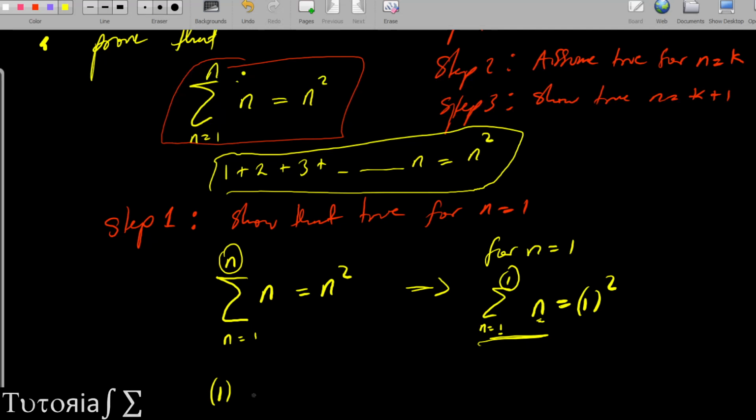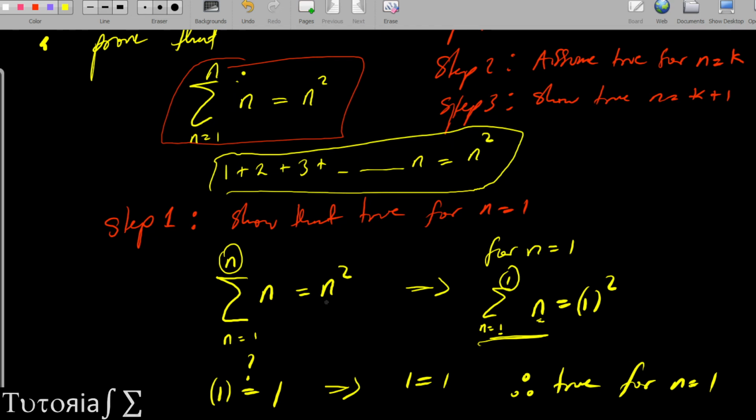So this would be 1. Is this equal to what we have on the left side here, which is 1? Of course, 1 is equal to 1. Therefore, true for n equals to 1. So that is step 1. We have verified that the statement is true for n equals to 1.